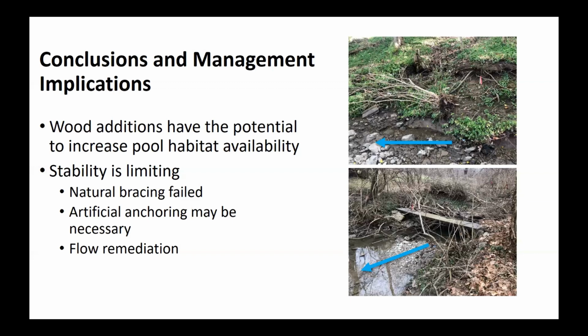That ended up being the major retentive structure in the stream. Much of the wood ended up getting caught on that. In the context of this particular study, that was fine. The adjacent landowners didn't even know it was there anymore, though the property's been in their family for that entire time. But that was a major concern.